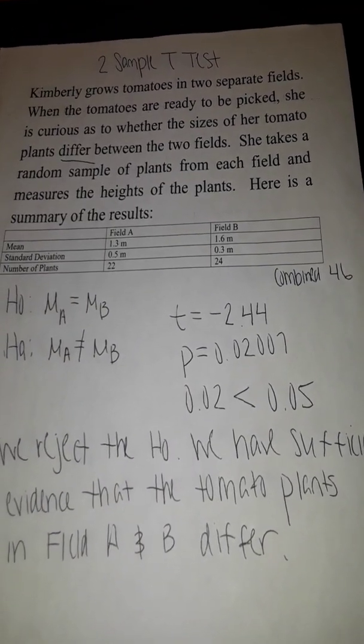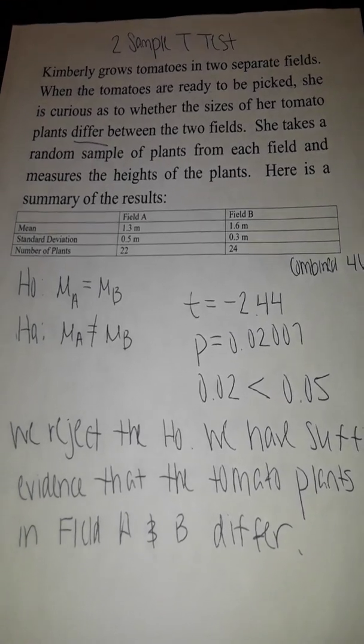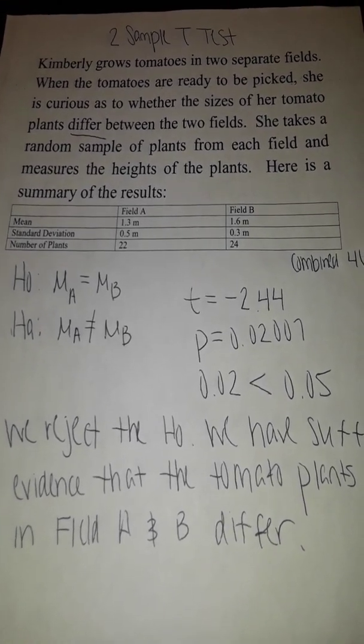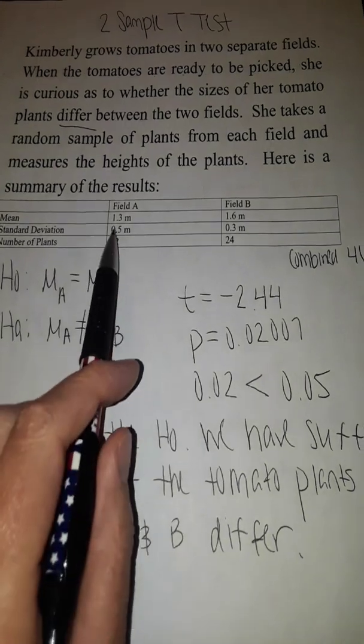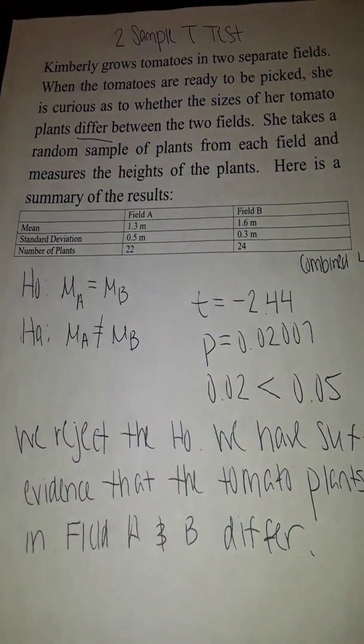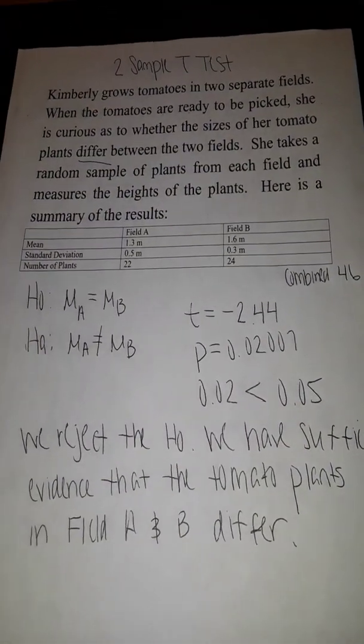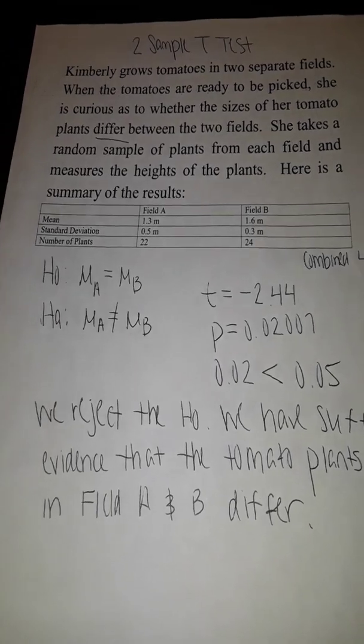Okay, so she does it randomly, and if we're worried about normality, again, here's why we have a little bit of permission to do this. I know, individually, this number and this number are not greater than 30, but combined, they are 46. So we do have something to give us this indication that they're normal.